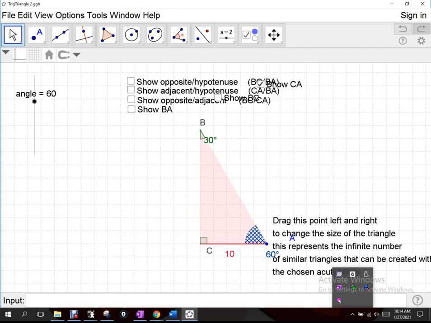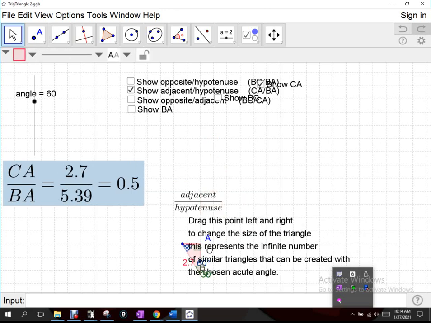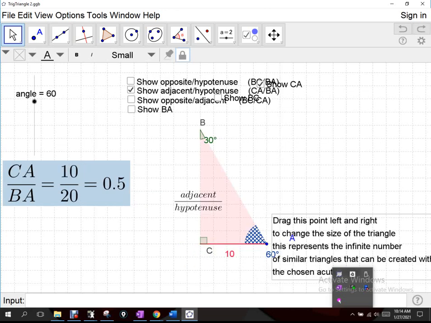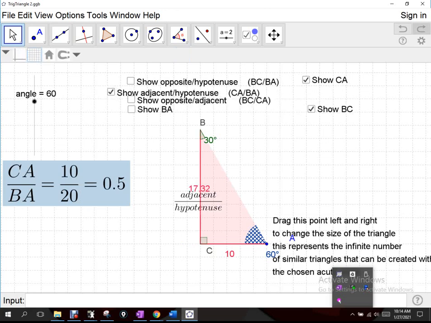So what's nice about that is that when I have this here, and in my triangle I was showing, let's see here, there's a 1 to 2 relationship there.